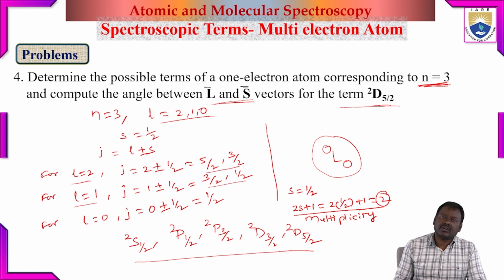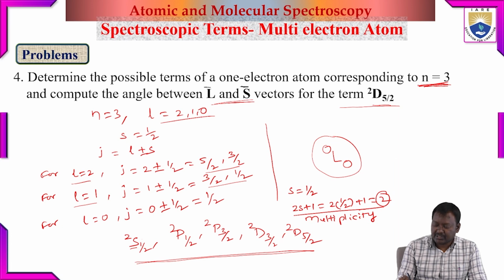That means the valence electron is 1. So here is the method of calculating J values, multiplicity values, and L values, the spectral terms. These are all the spectral terms for a one electron atom corresponding to n equal to 3.